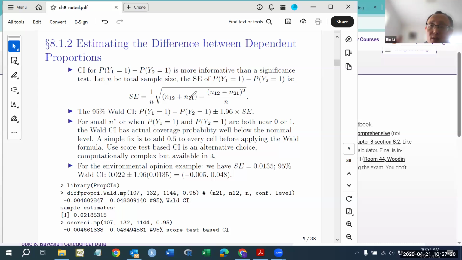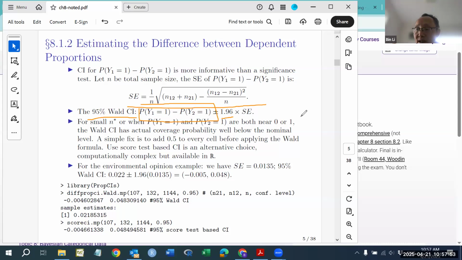Okay? So for the confidence interval for the difference between the two dependent proportions, this is the standard error. And the 95% Wald confidence interval for the marginal difference is our observed marginal difference plus or minus 1.96 times the standard error. Why 1.96?